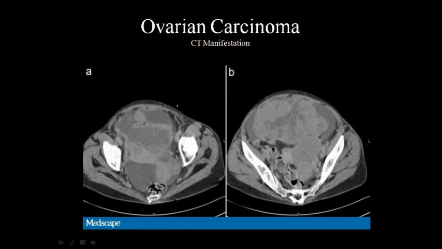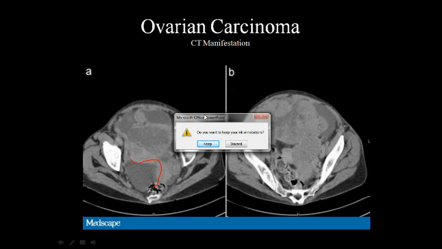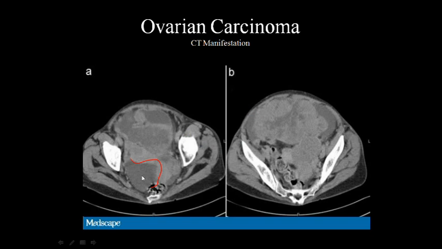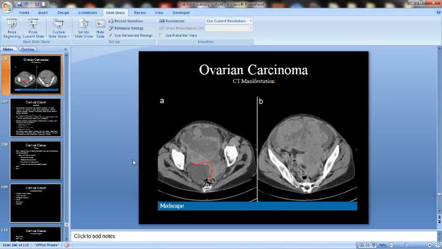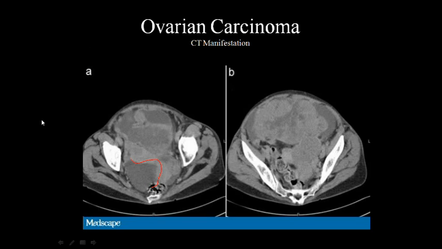Here's another image at varying slices. We see that we potentially could have free pelvic fluid here. So we'll say that this is pelvic fluid.